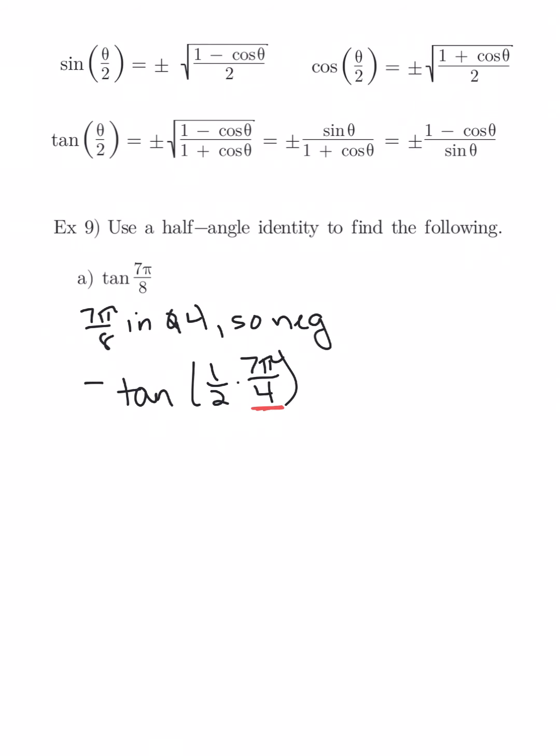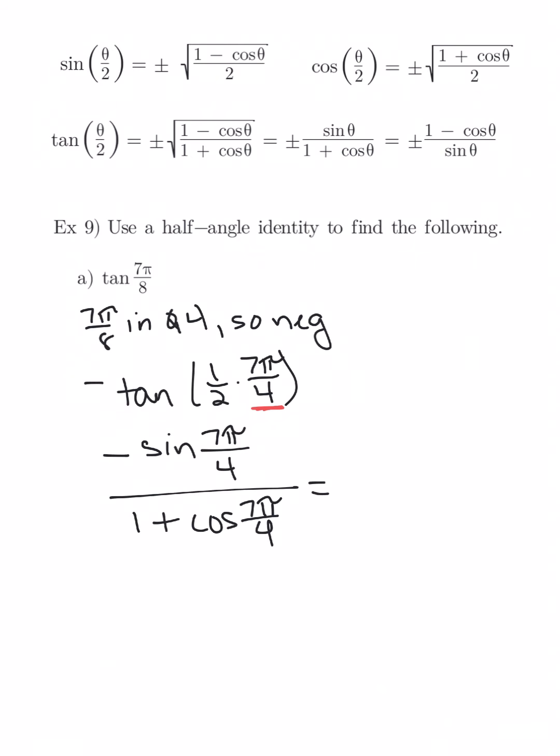I am going to use the first version without the radical, the sine theta over 1 plus cosine of theta. So our problem will become negative. Now we're going to drop the tangent and put in the numerator function, which was sine. Use only the angle that you said was the half, 7 pi over 4. Put that over 1 plus the cosine of 7 pi over 4.